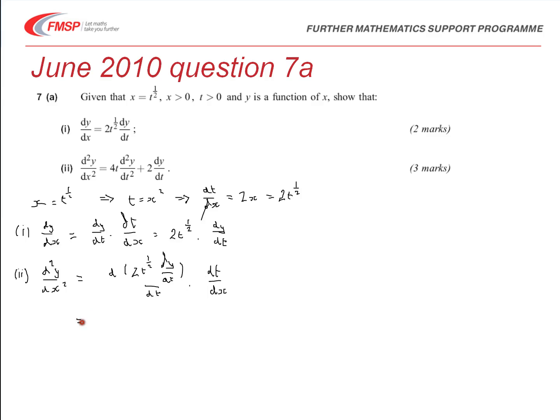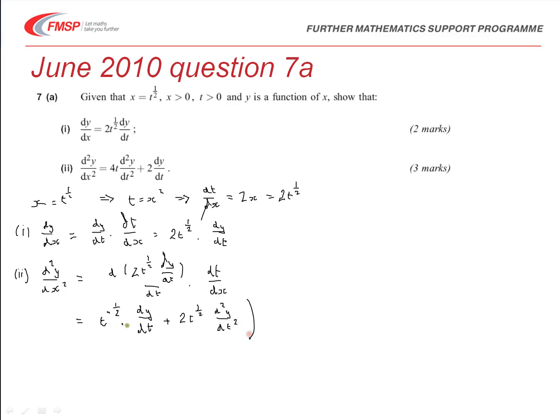Now we can use the product rule to work out this first part. So the differential of 2t to the half becomes a half t to the negative a half, which just becomes t to the negative a half because of the multiplying by 2, times dy by dt, and then we leave that first part alone and we differentiate dy by dt with respect to t, which gives us the second differential with respect to t.